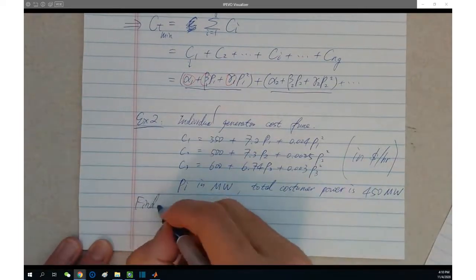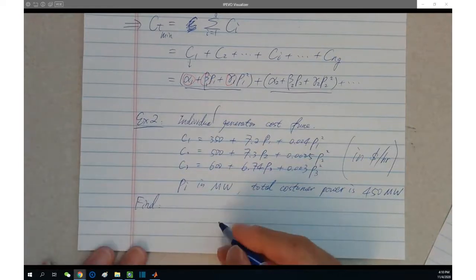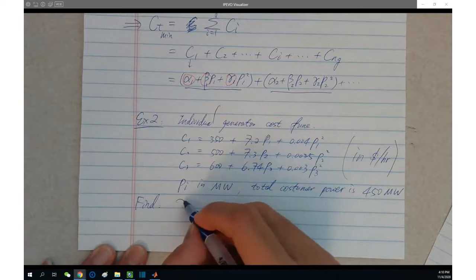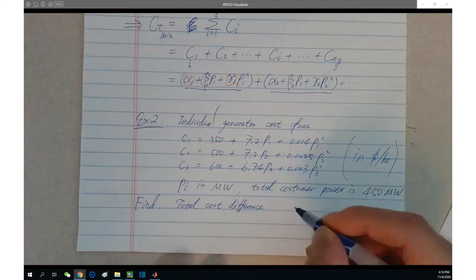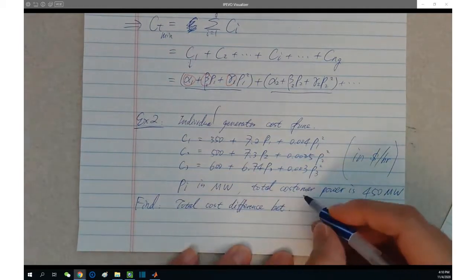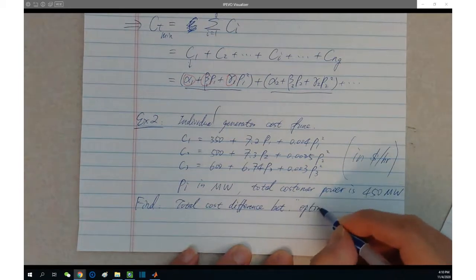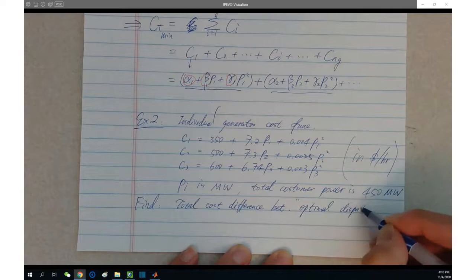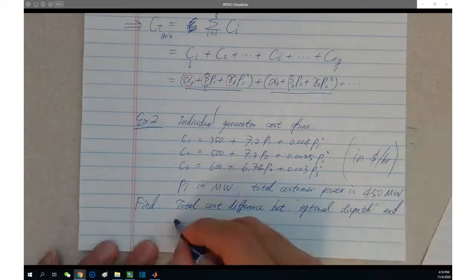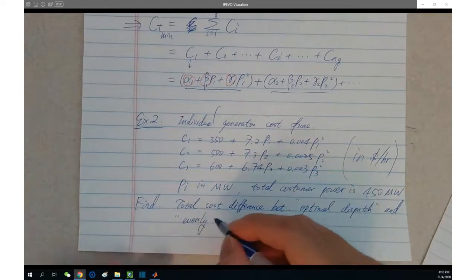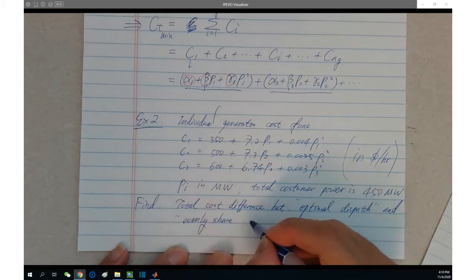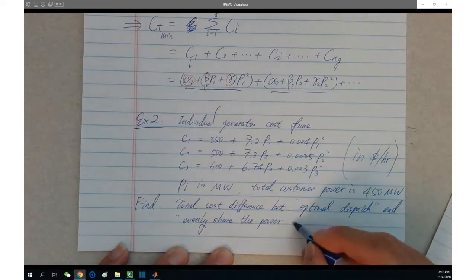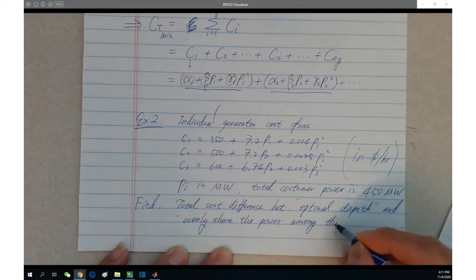And then find the total cost difference between optimal dispatch and evenly sharing the power among 3 generators.